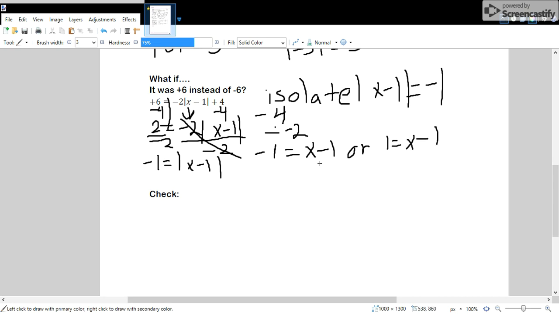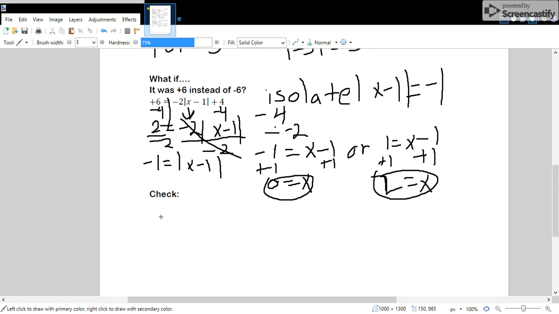So, one-step equations. Add 1, add 1. 1 minus 1 is 0, 1 minus 1 is 0. So 0 equals x. Or, add 1, add 1. 2 equals x.